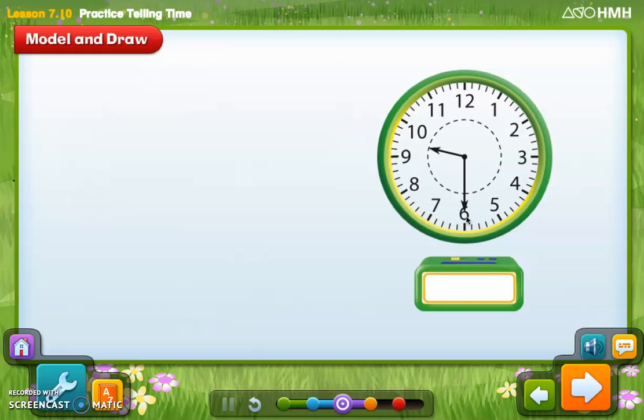So the time that this clock is showing should be 9:30. We'll get into more of why they call it that in the next video, but for right now we can just say that the time shown is 9:30. The hour hand points halfway between the 9 and 10, and the minute hand points to the 6.